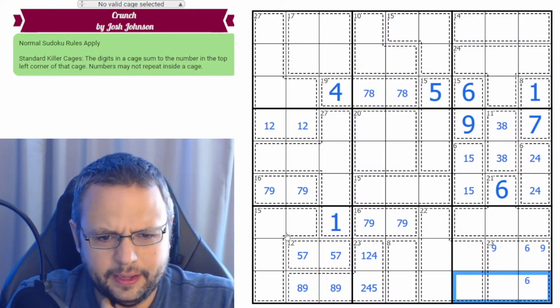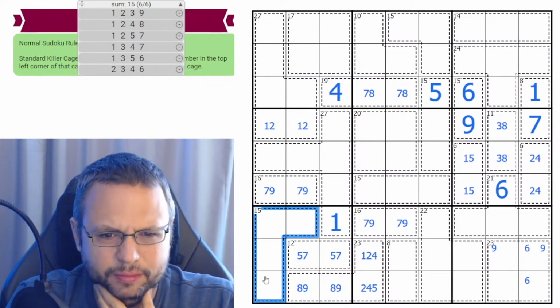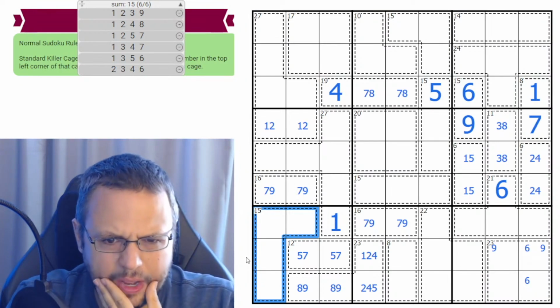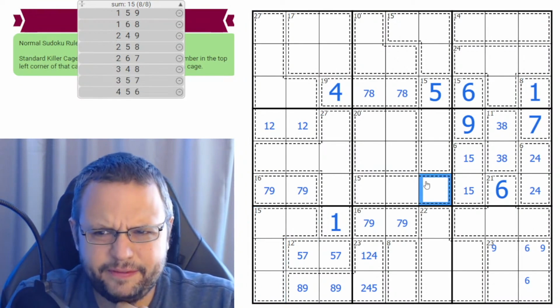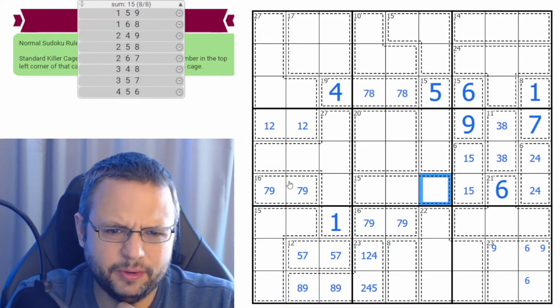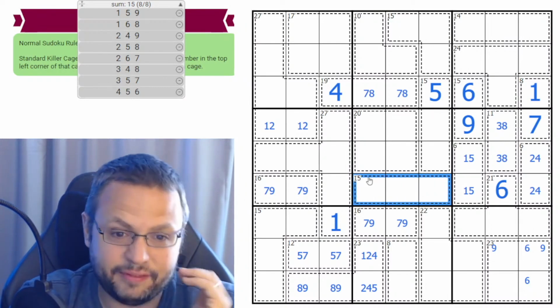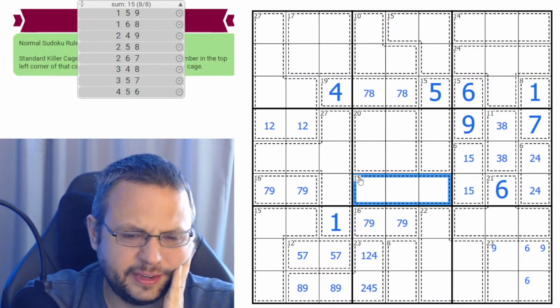Let's see. I can mark the contents of the 15 cage, I suppose, if I really want to. I don't think I really want to. Okay, what about my 15 cage without 6, 7, or 9? Because I'm noticing that I have to make 15 without 6, 7, or 9, and so I'm already thinking, what's the maximum there if I'm not using 6, 7, or 9?